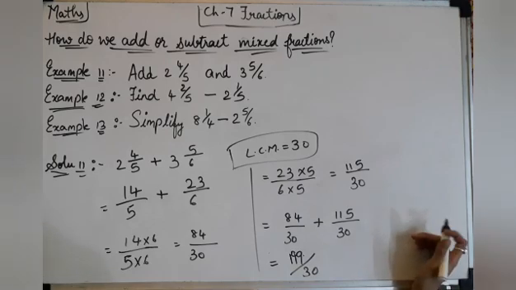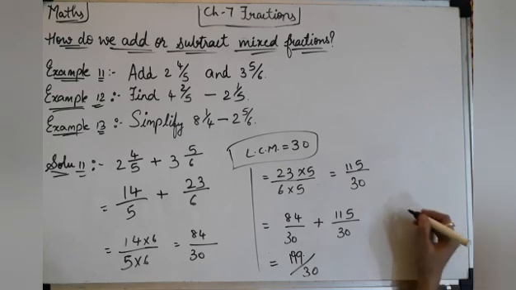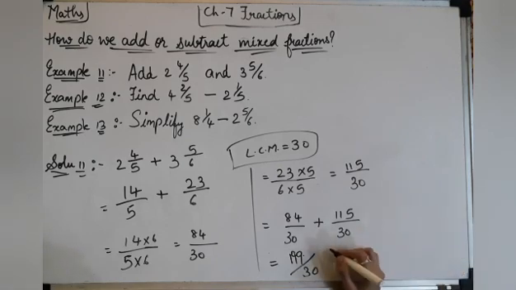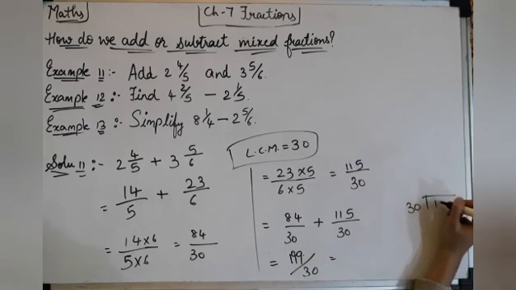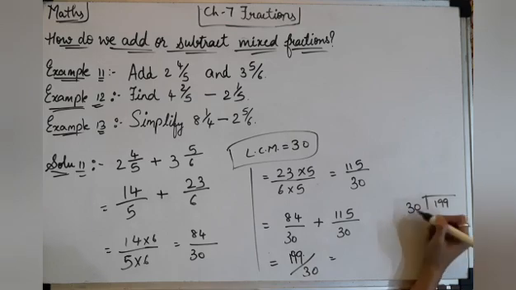We have to divide. So let's divide it. 199 divided by 30. So the 30 table is like the 3 table, right? So we'll put, see, 30 1s are 30, 30 2s are 60.